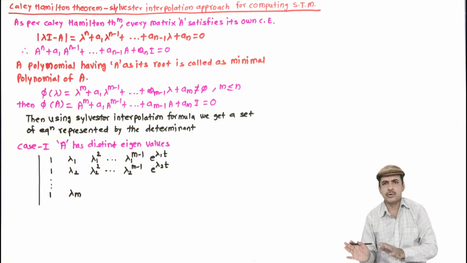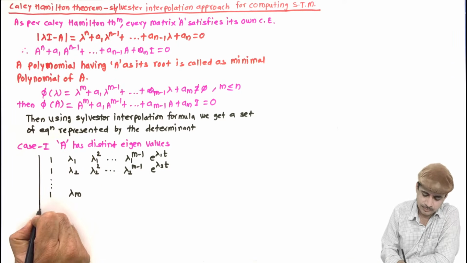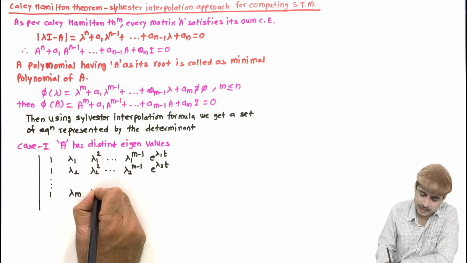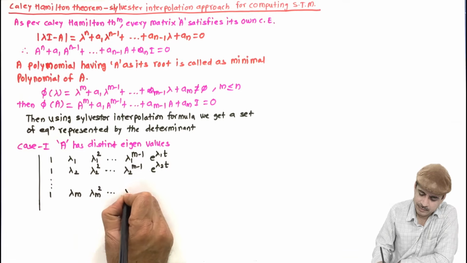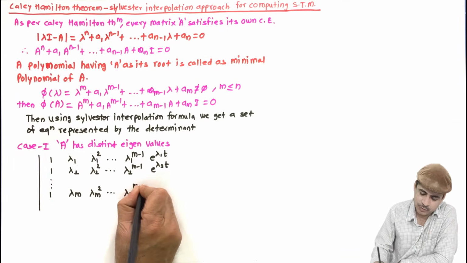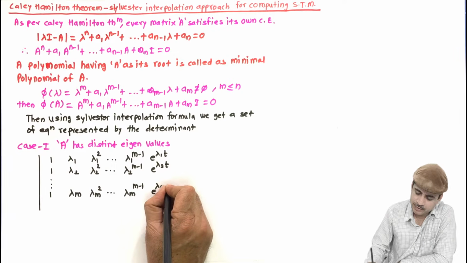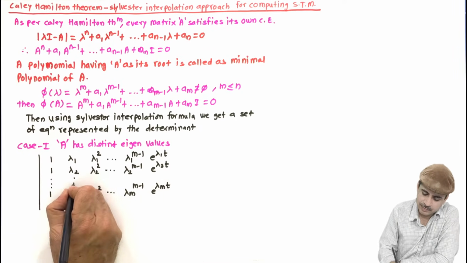No doubt m can be equal to n. In many cases you will get m equal to n. Lambda m, lambda m square, lambda m raised to m minus 1, e raised to lambda m t.